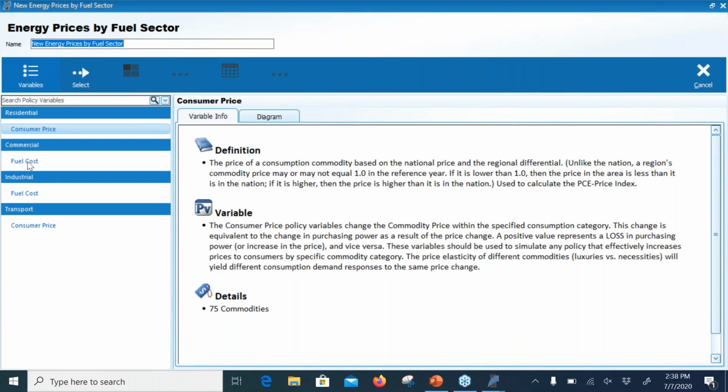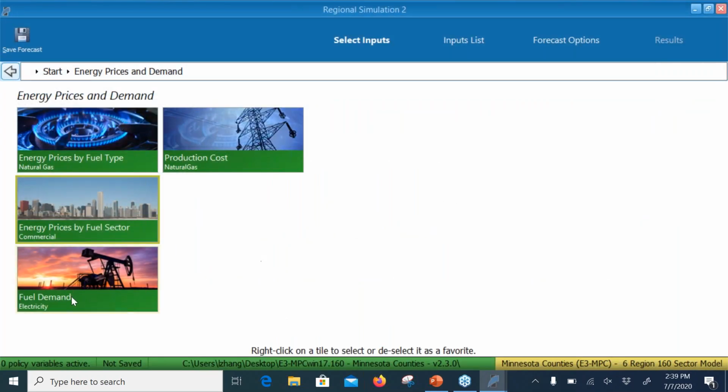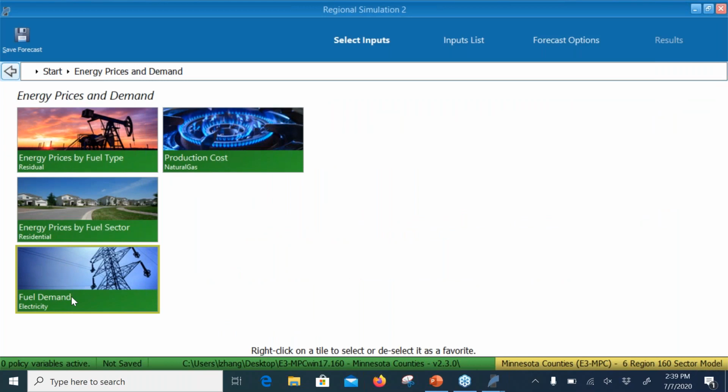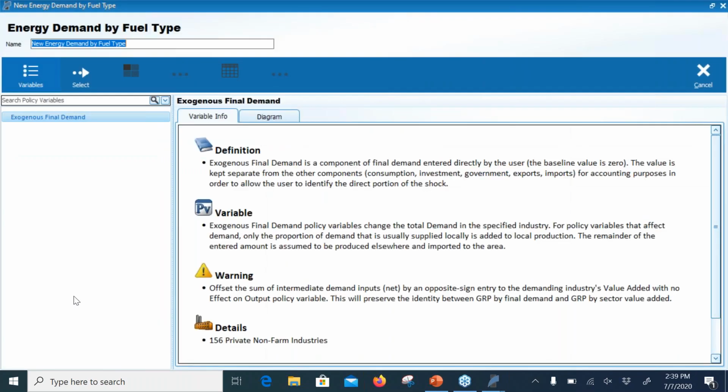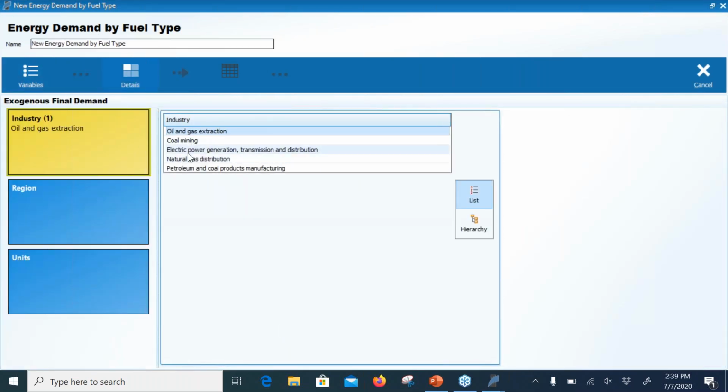So how does fuel price change for the commercial sector versus the industrial sector, or for transportation or residential? And finally, we can model fuel demand by industry. So how does the demand for coal change, or oil, or natural gas, or petroleum?